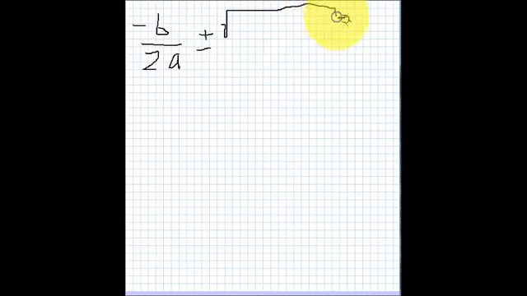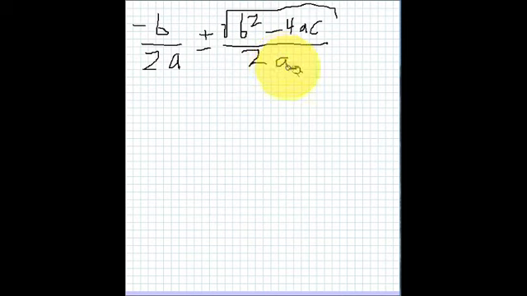So now I just want to touch on the quadratic formula one more time. Or, well, I haven't touched on it yet, but plus or minus square root of b squared minus 4ac over 2a. So the idea is that if you have an equation, I need an a in there.